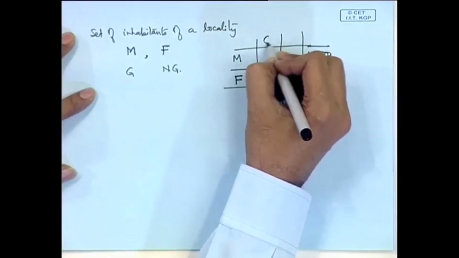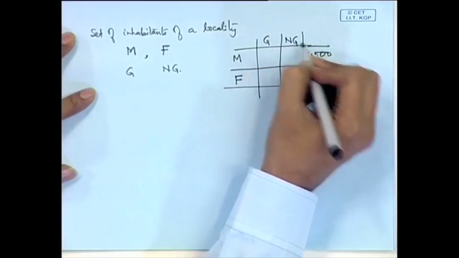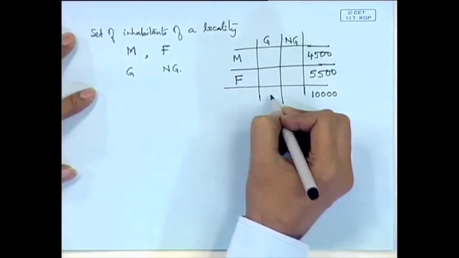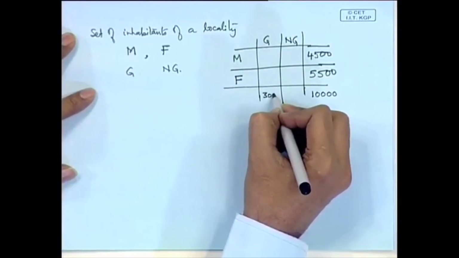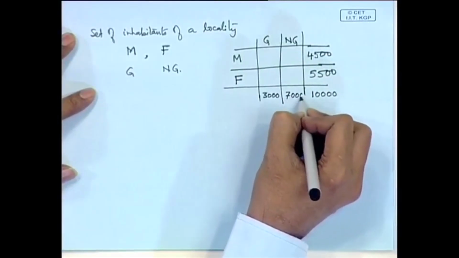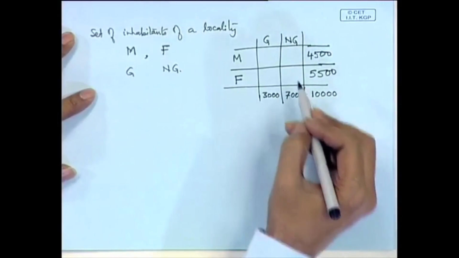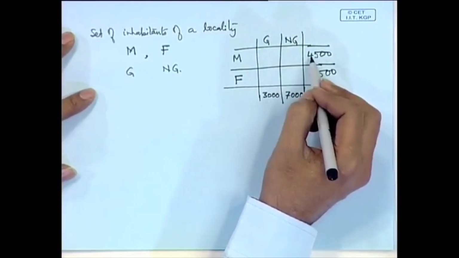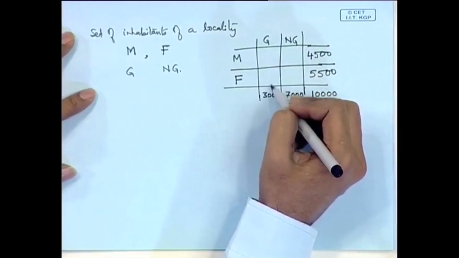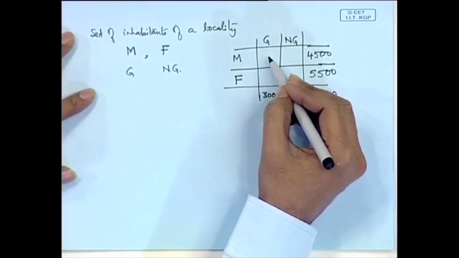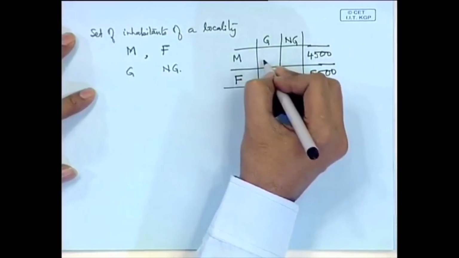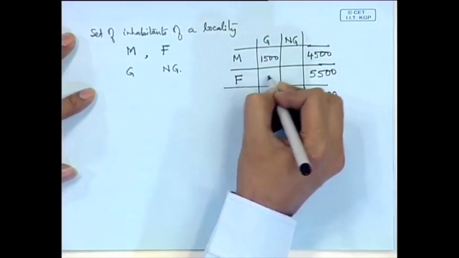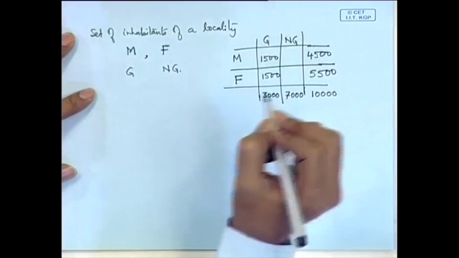Now, among this we look at how many graduates and non-graduates. Suppose the number of graduates is 3,000 and there are 7,000 non-graduates. Now, out of the 3,000 graduates, how many of them are males and how many of them are females? Suppose it is 1,500 males, 1,500 females.